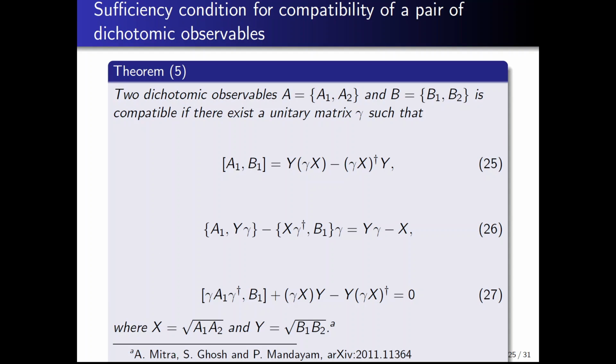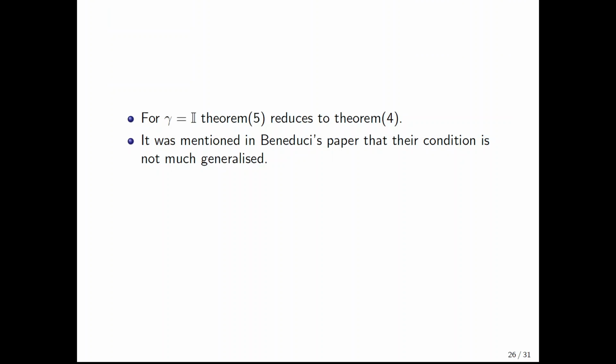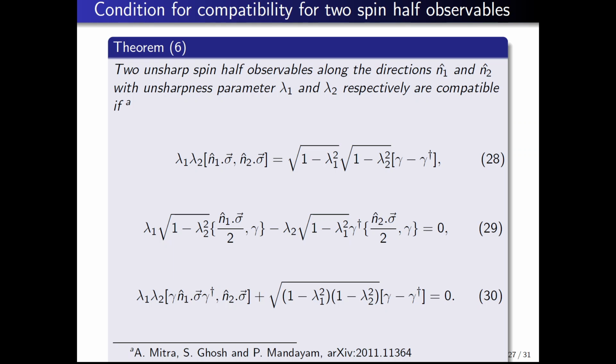So we have derived a similar sufficiency condition for compatibility for two dichotomic observables, where if gamma is equal to identity, theorem 5 reduces to theorem 4. So theorem 5 is a specific generalization of theorem 4.